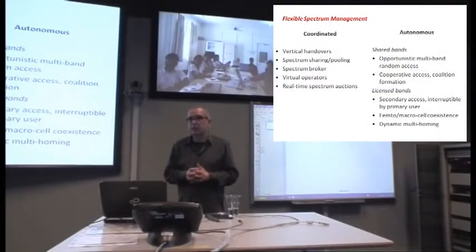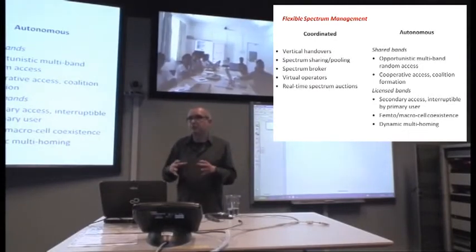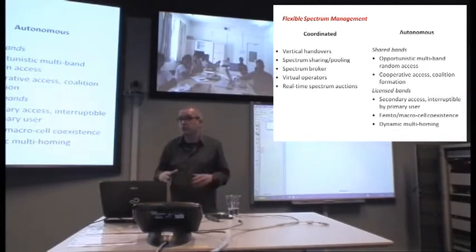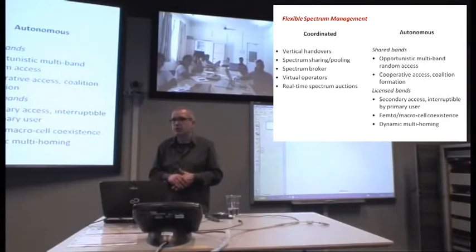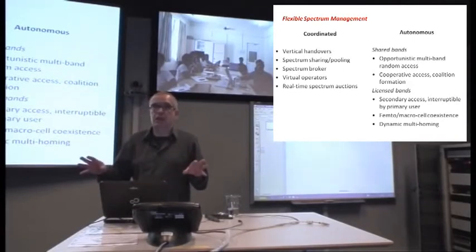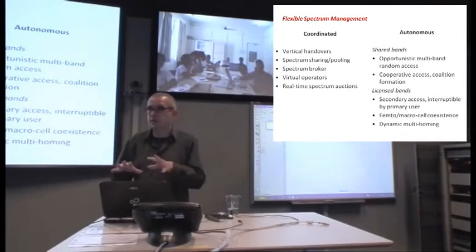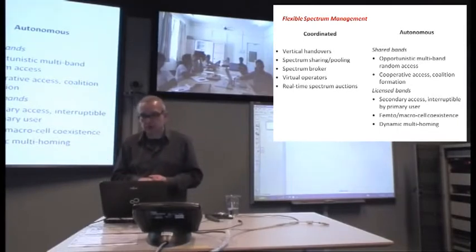You can imagine a secondary use of spectrum that is completely up to the individual radios, so more of an ad hoc network type of scenario for secondary usage. There are lots of military applications that look at that. So in that case, all the autonomy is in the radios themselves. They need to figure out what the spectrum environment is, and then they need to coordinate among themselves.